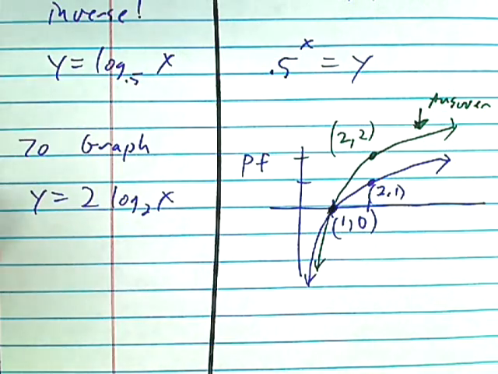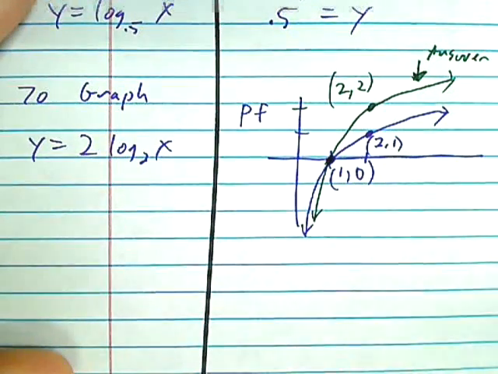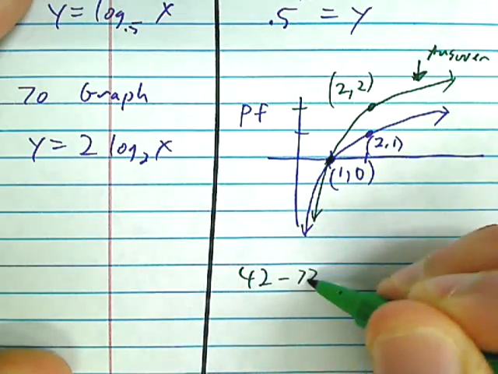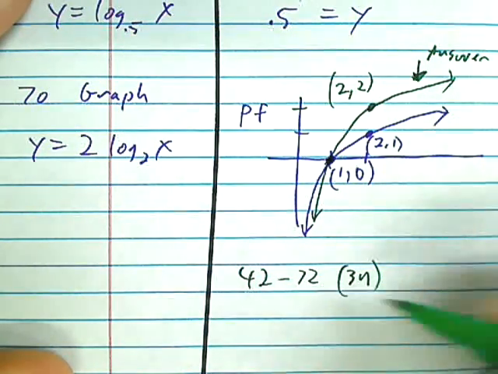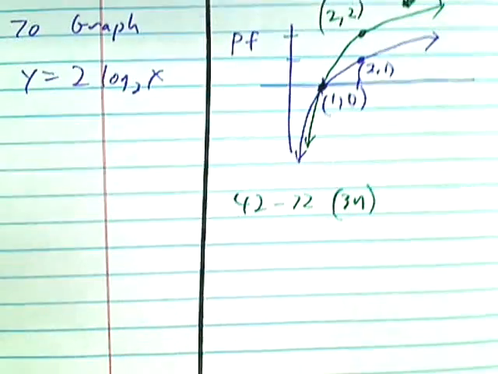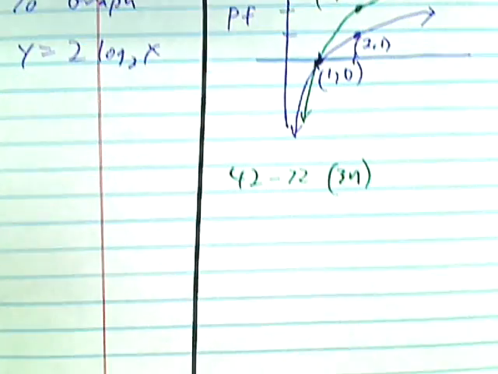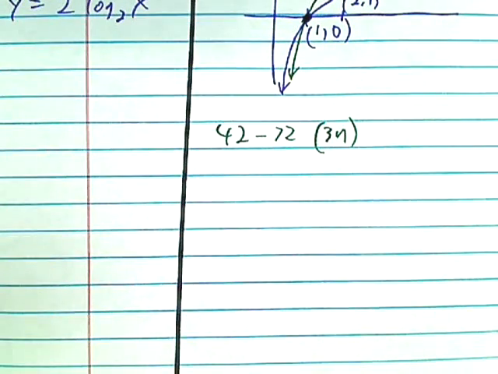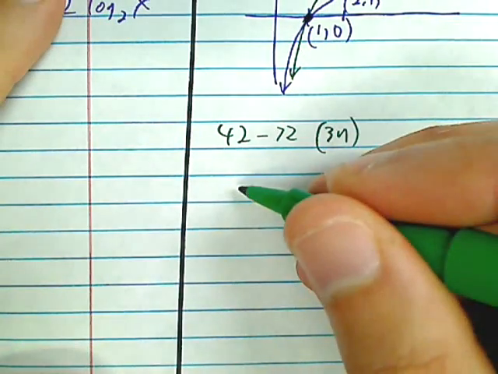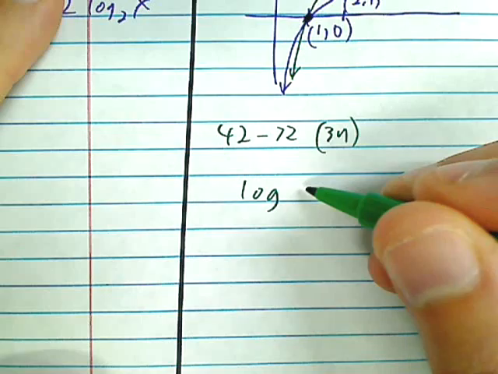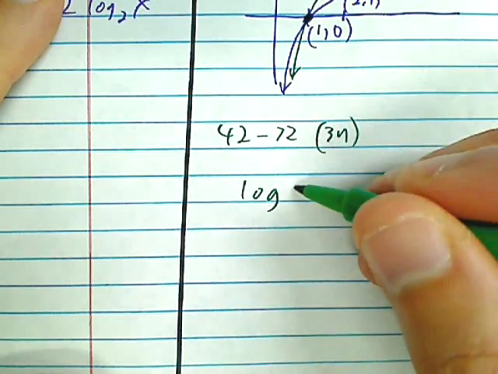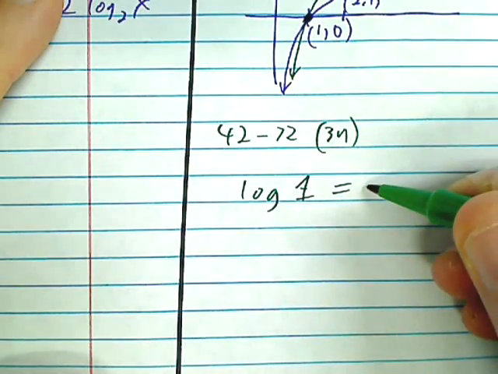Your assignment is 42 to 72, 3N. To help you out on one of them, we need to look at this. Log of 1 is 0.